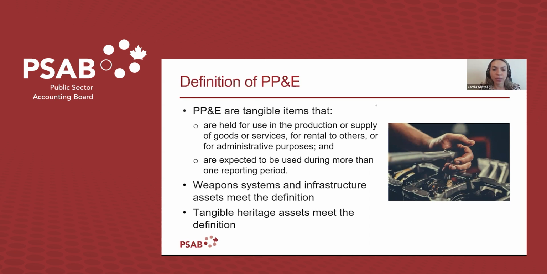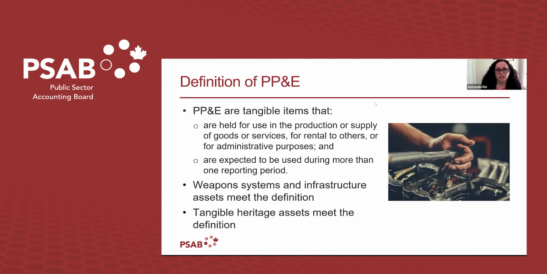With respect to infrastructure assets, while there is no universally accepted definition of infrastructure assets, these assets usually display some public sector characteristics: part of a system or network, specialized in nature and do not have alternative uses, immovable, and may be subject to constraints on disposal. Thank you, Camilla.